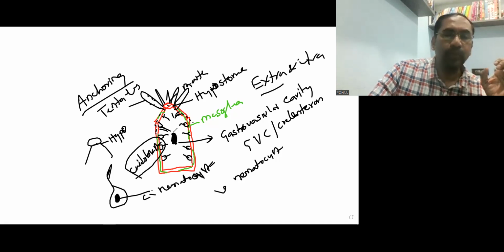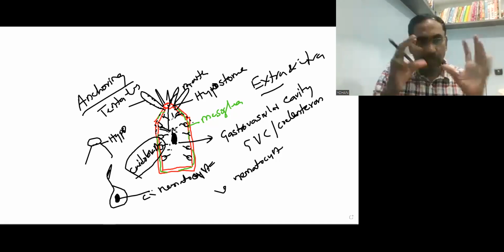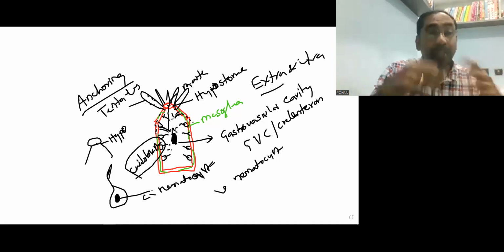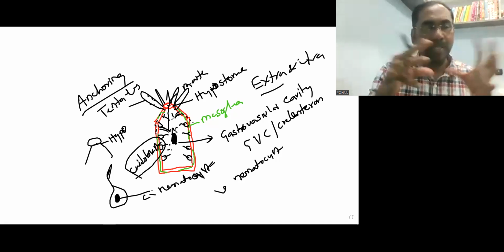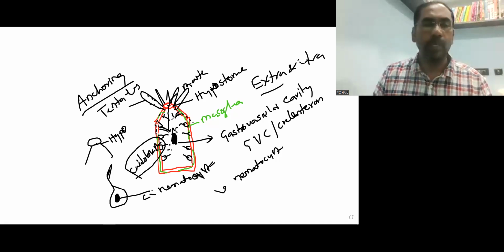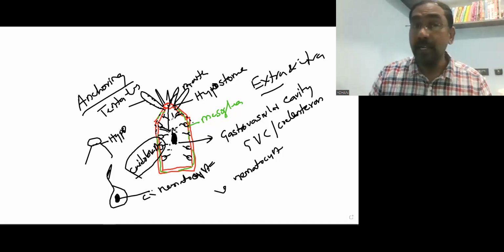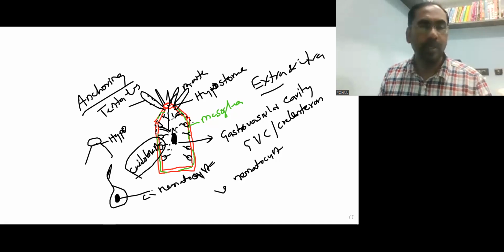Once the food reaches the cavity, we can observe the release of some enzymes. Those enzymes finish the partial digestion. Partly digested material is taken up by the cells and they finish the remaining digestion. So final digestion takes place within the flagellated cells.